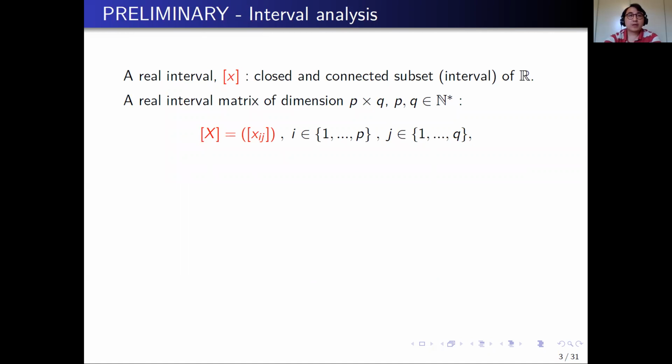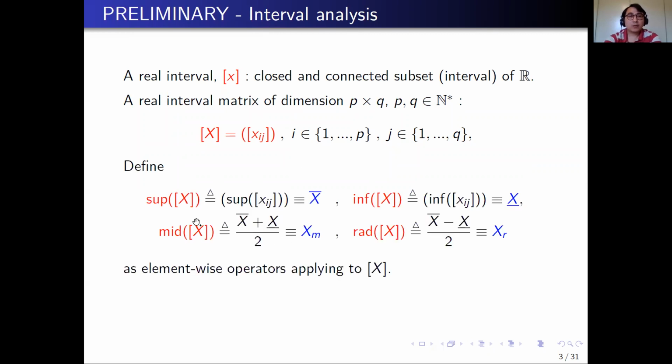Since the proposed method is a kind of interval filter, interval computation is a main tool to develop this filter. I will present some preliminaries of interval analysis and related results. A real interval will be denoted by bracket of lowercase x, which is a closed and connected subset of R. A real interval matrix is denoted by bracket of capital X, which is a matrix whose elements are real intervals.